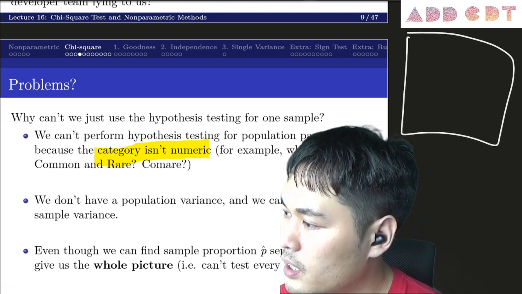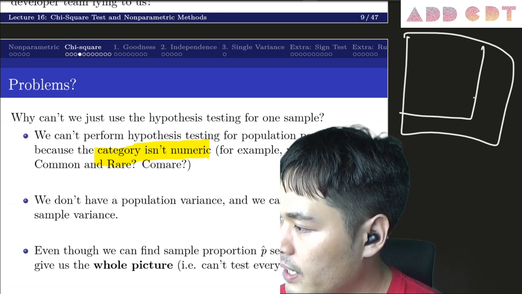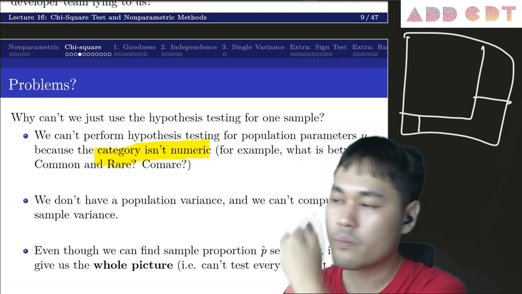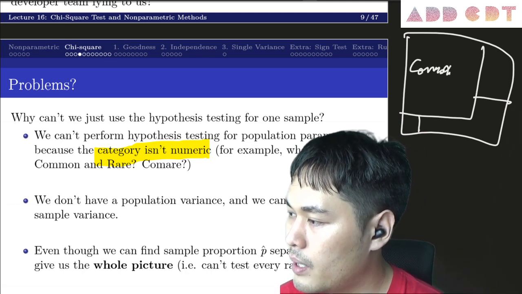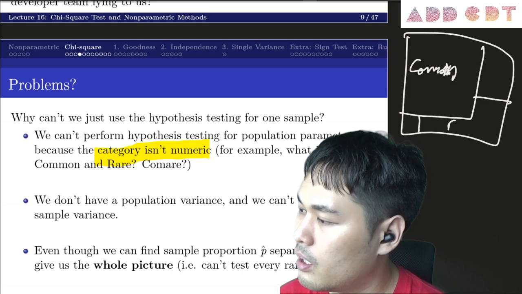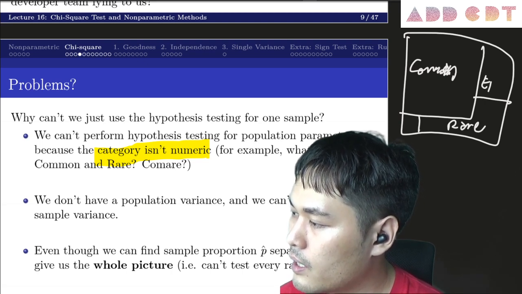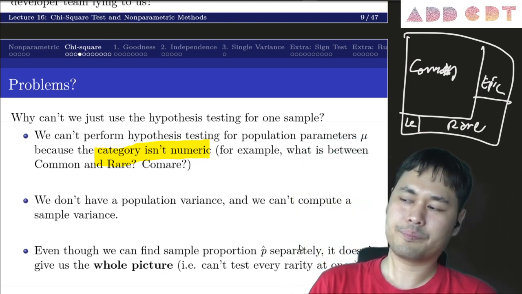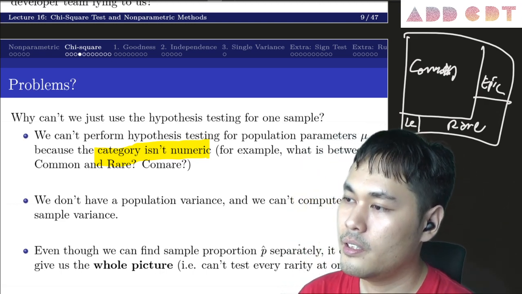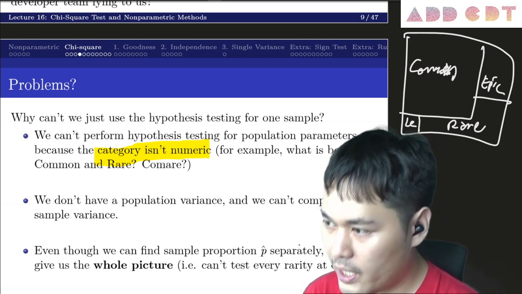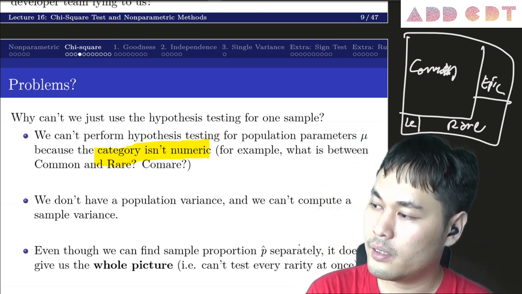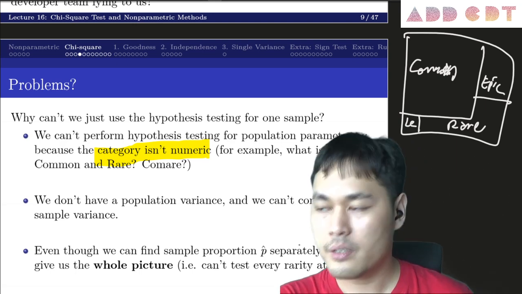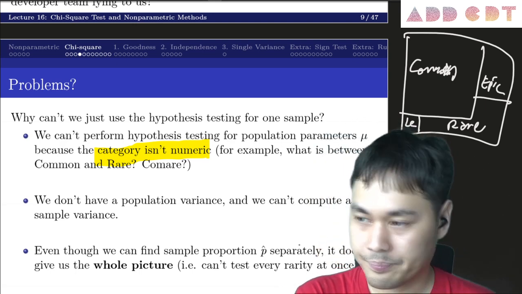But what we are trying to say is we are trying to see if they actually have this kind of distribution, where this is the amount of common cards, this is the amount of rare cards, this is the amount of epic cards, this is the amount of legendary cards. We want to get the whole picture. We want to say whether the distribution we got at the beginning from the Hearthstone developers is true or not.